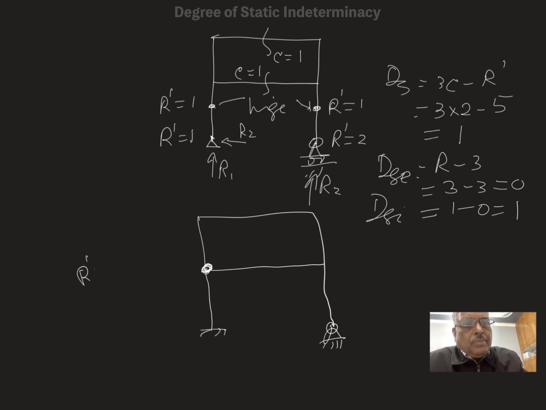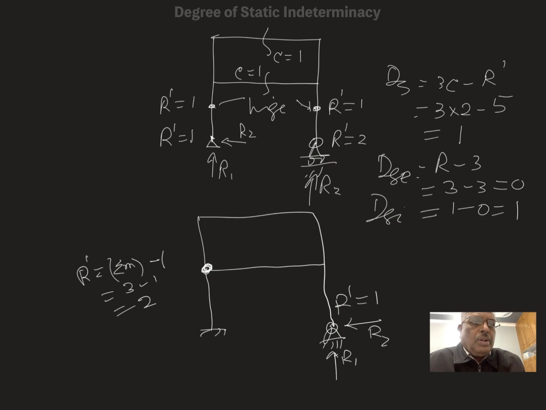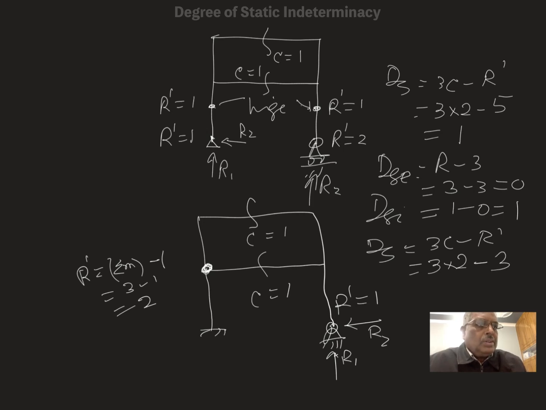So R dash will be the number of members meeting at that joint minus 1. So 3 members are meeting. So 3 minus 1 is equal to 2. Here will be 2. Here there are 2 reactions, R1, R2. So here R dash will be 1. So they all become fixed. Now this becomes rigid, and now you can cut it to make tree-like structures. So DS here is 3C minus R dash. So 3 into 2 minus 2 or 1, 3. So this is 3.